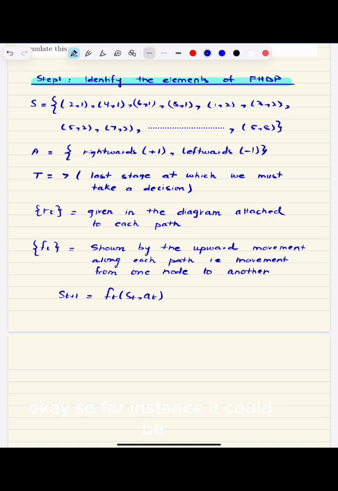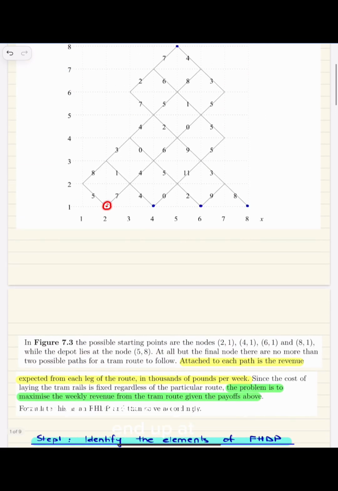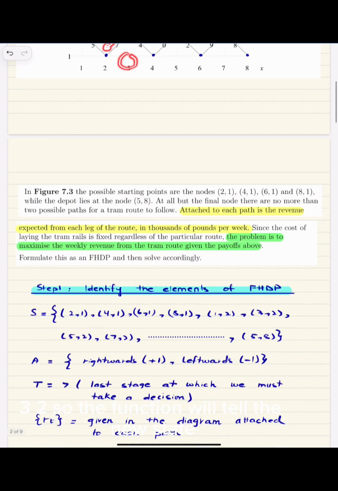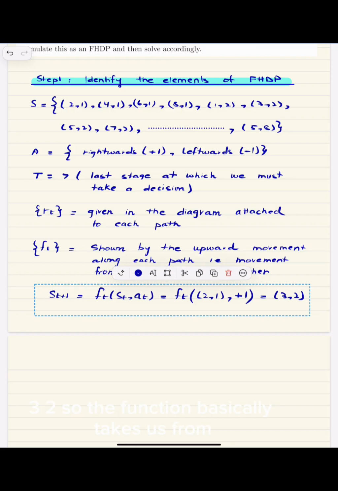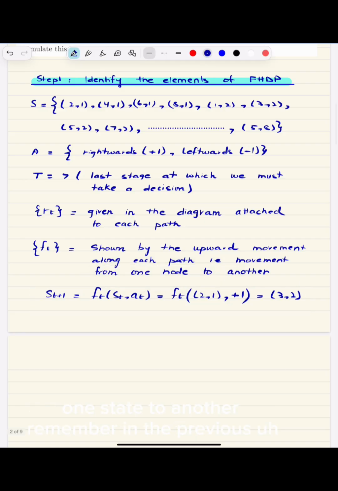So for instance, you're currently sitting in the node 2, 1, and you take a right and you end up at 3, 2. So the function will tell the new state as being the node 3, 2. The function basically takes us from one state to another.